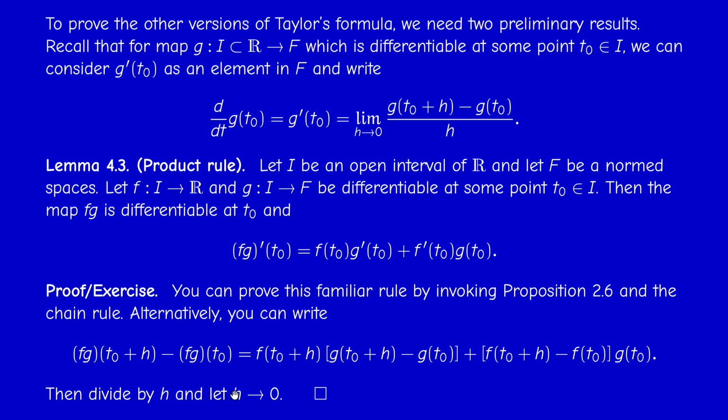We use this characteristic of derivatives, and you get precisely: when we divide by h, this term goes to g prime at t0, this tends to f of t0 because f is continuous at t0, and this term tends to the derivative, and this is just constant. So this is the familiar product rule that you can use in this form.